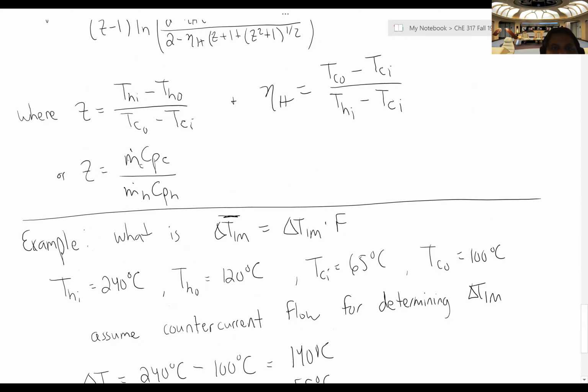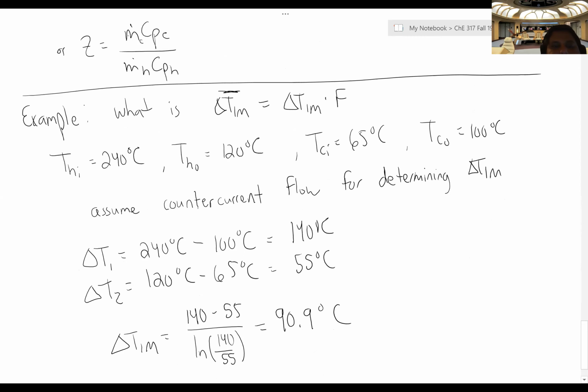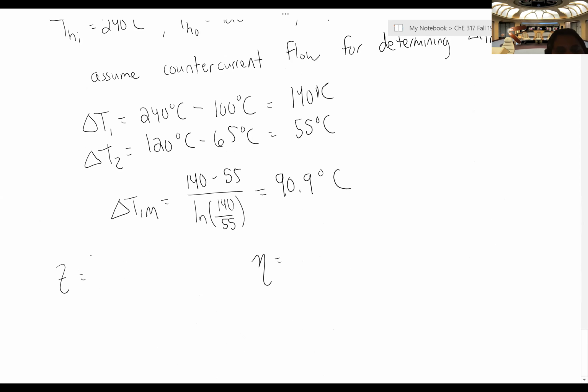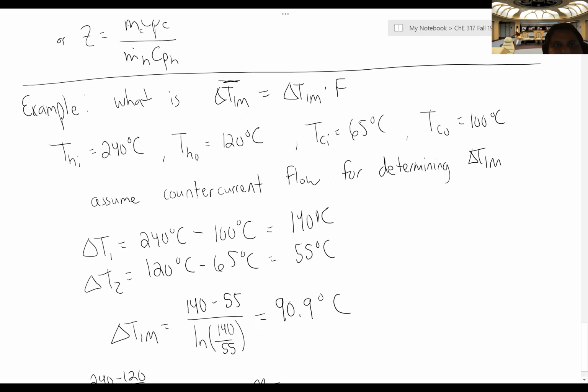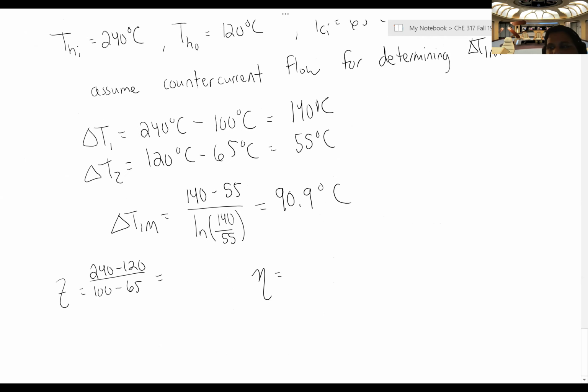So from here, Z is hot in minus hot out over cold out minus cold in, or 240 minus 120 divided by 100 minus 65. Double check that. So I get a value of 3.5.